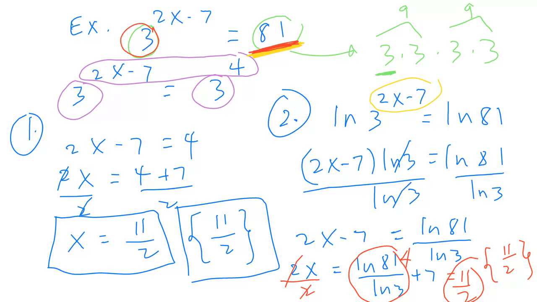For now, we're using our property of exponent to match up the bases, and then we will get the result. So this is our solution 1, and this is our solution 2, which we're going to use in the next section.